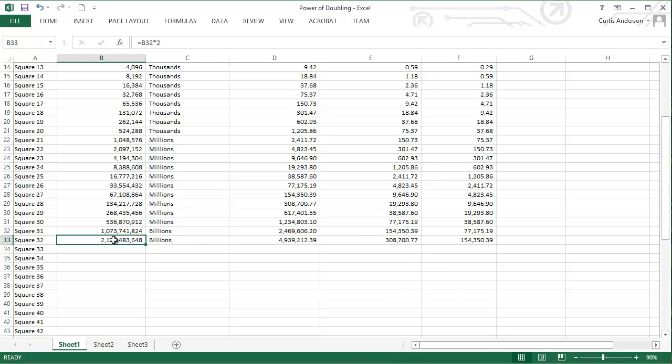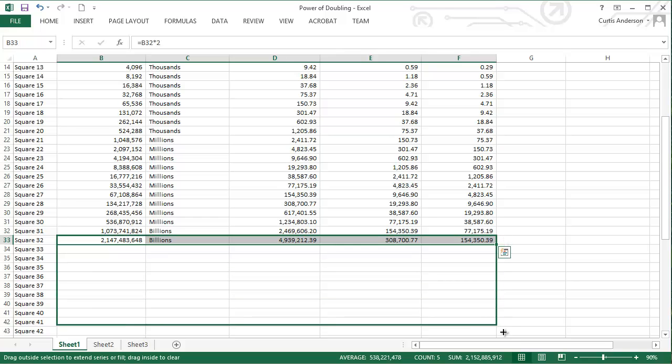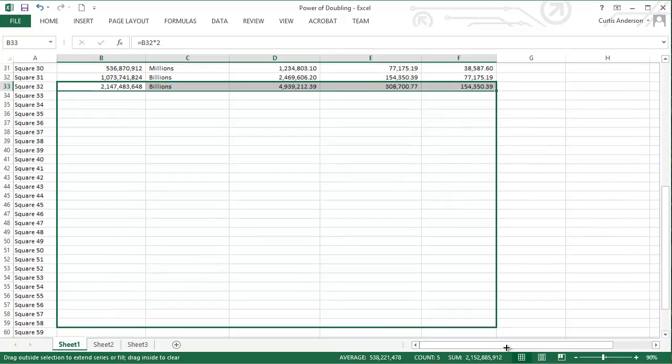Yeah, that could be a little troublesome. Okay, so let's map this out. That's half the board.